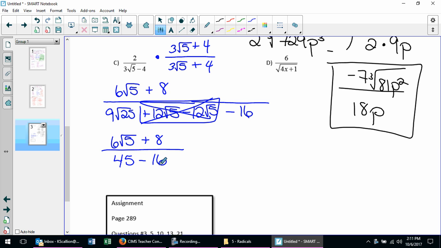If you write it out, great. If you skip it, okie dokie too. So I've got 6 root 5 plus 8 over how much? 29. 29 is a prime number, so I can't reduce that. That's pretty good.